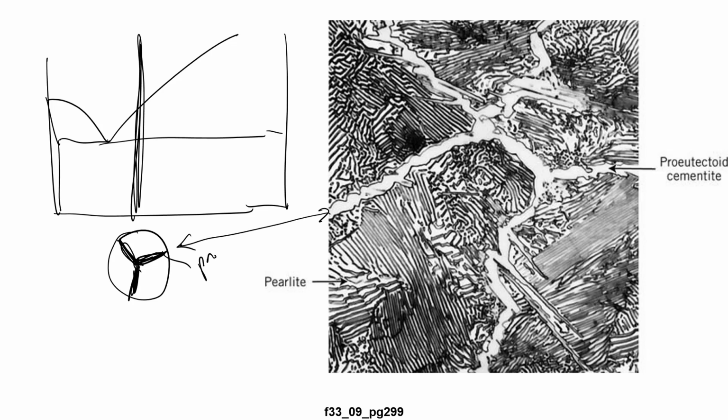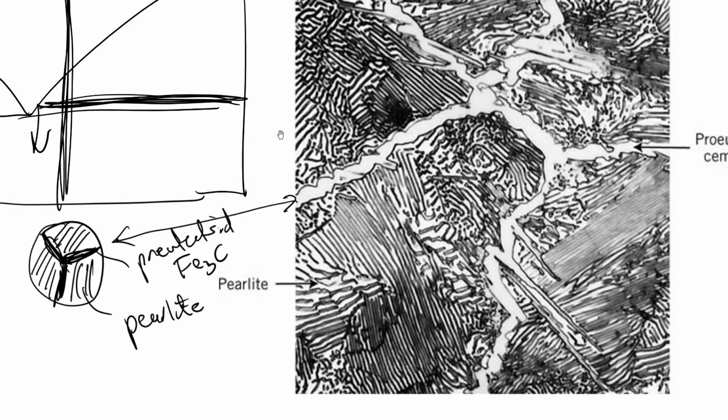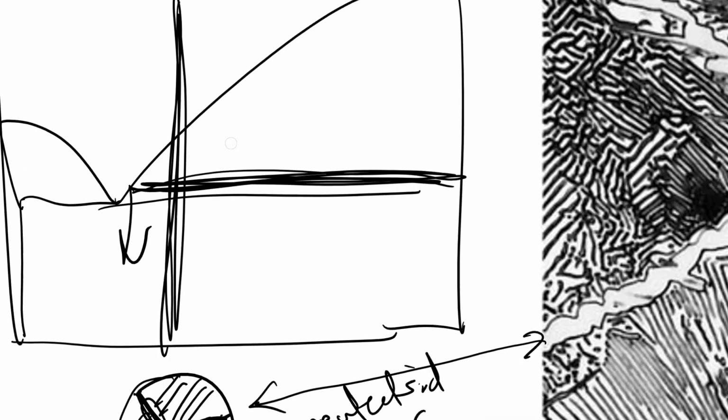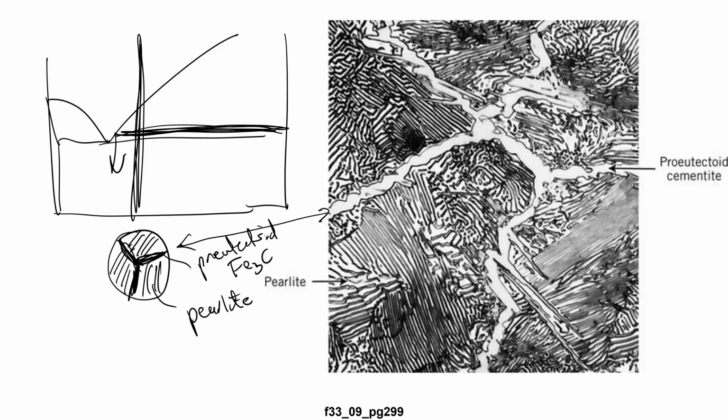But we've got this proeutectoid cementite, or Fe3C, and then the rest is perlite. You can see there's a lot less proeutectoid Fe3C here in this microstructure compared to what we had a second ago, because the length of this lever is so long on this side. That is, it's almost all going to be perlite. All right.